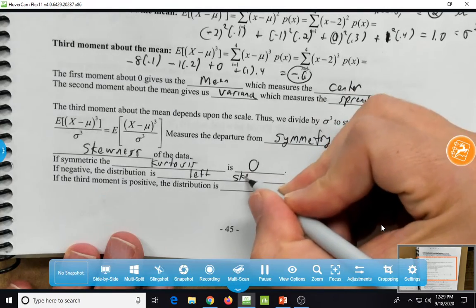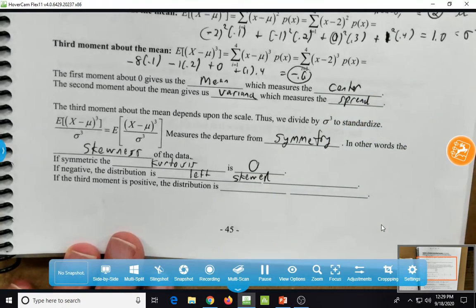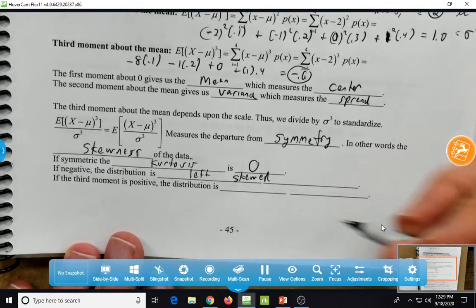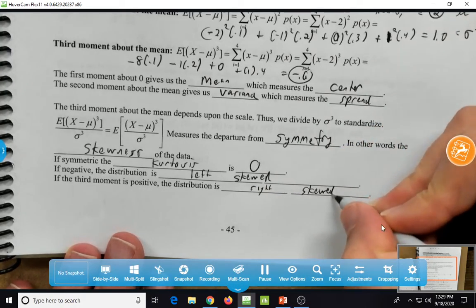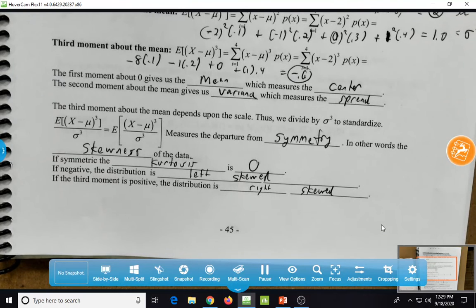Now you can see where the negative comes out. And if the third moment is positive, the distribution is right skewed. So we do have a statistic. It's difficult to interpret other than if it's positive or negative, as far as the skewness of the data.